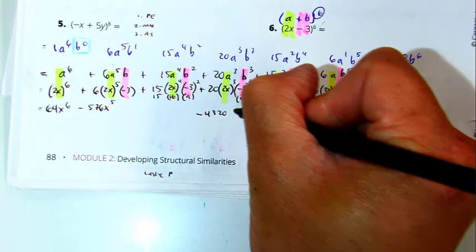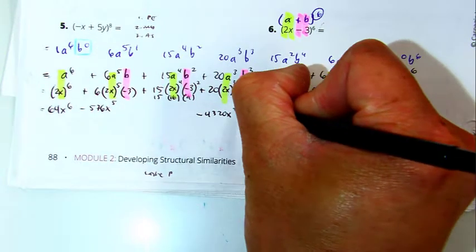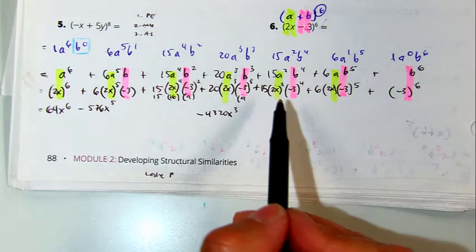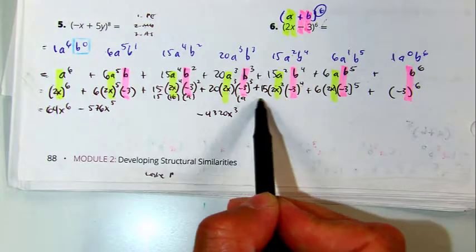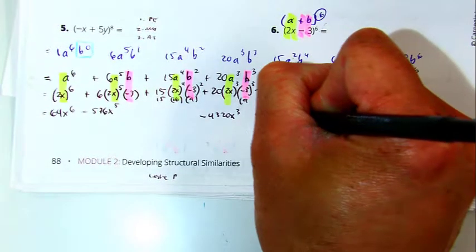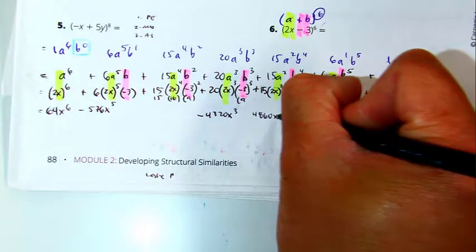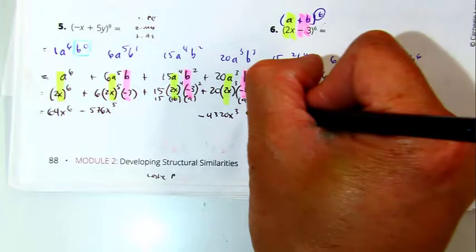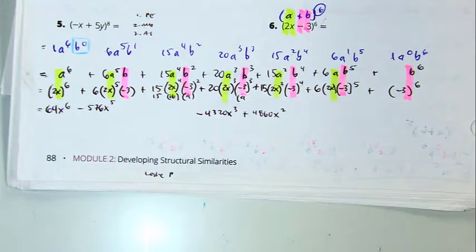X what? Yes. Good, Peter. Marco. Good. And is that 4,860 positive or negative? You are correct. Jenny.